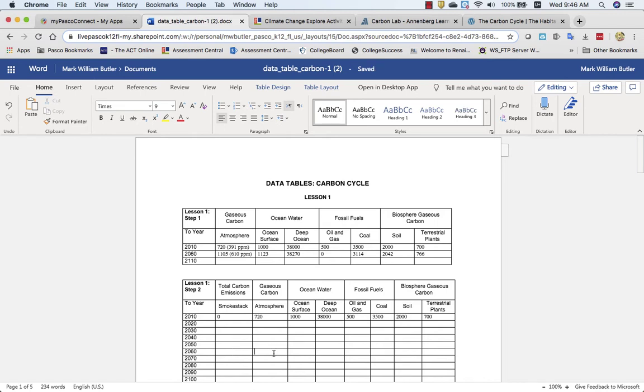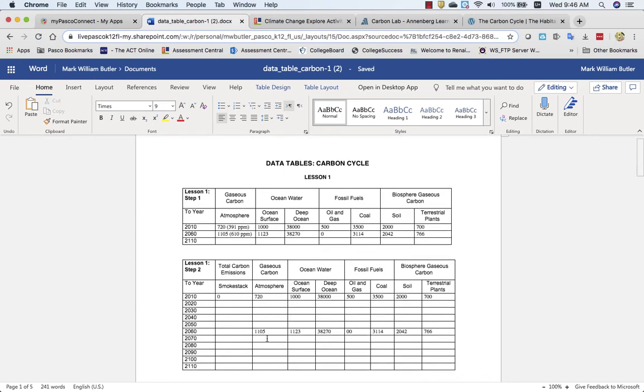But the values here would be 1123, I'm sorry, 1105, 1123, 38,270, 0, 3114, 2042, and 766.